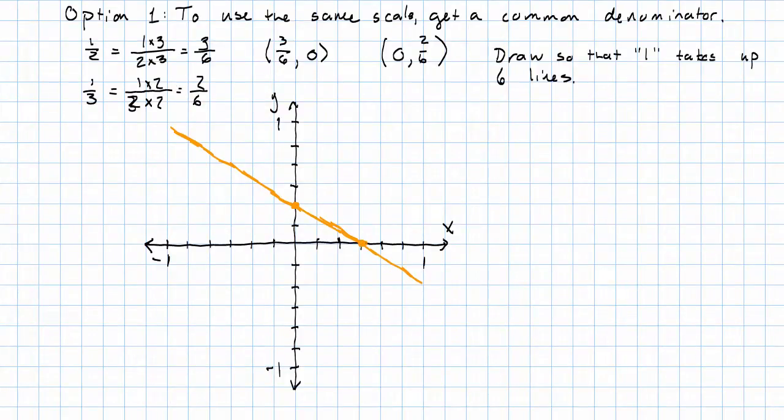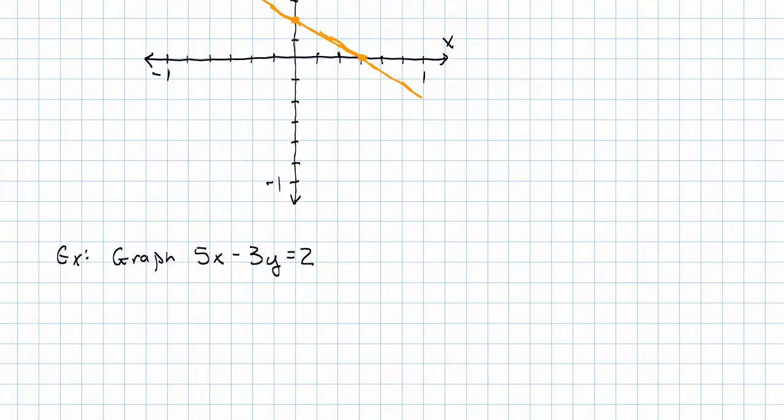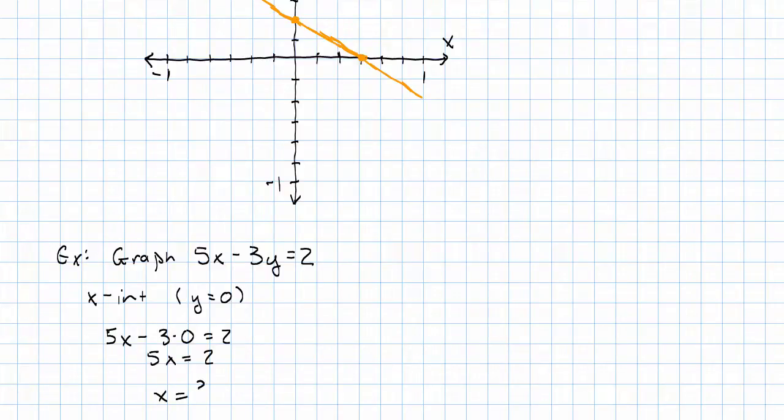Suppose that we want to graph 5x minus 3y equals 2. Right, then my x-intercept, where y equals 0, is 5x minus 3 times 0 equals 2. 5x equals 2. Multiply both sides by a fifth, and we get x is 2/5.